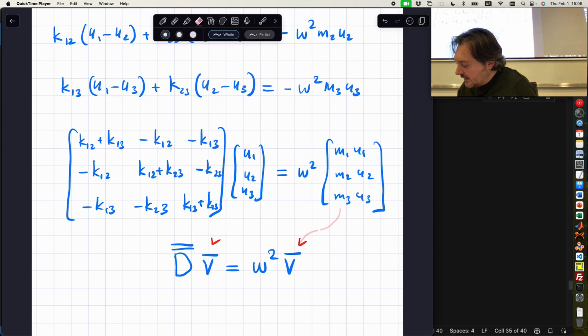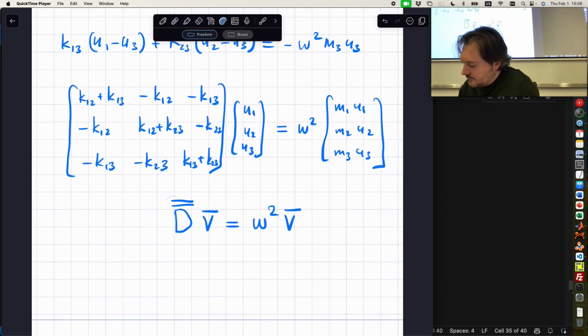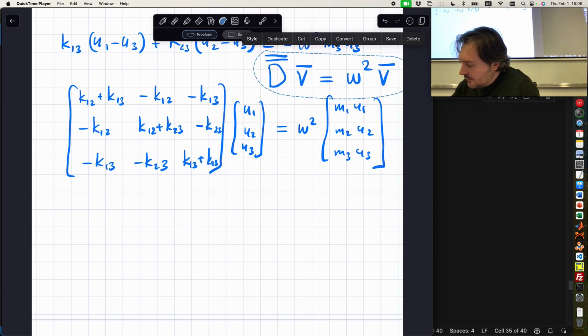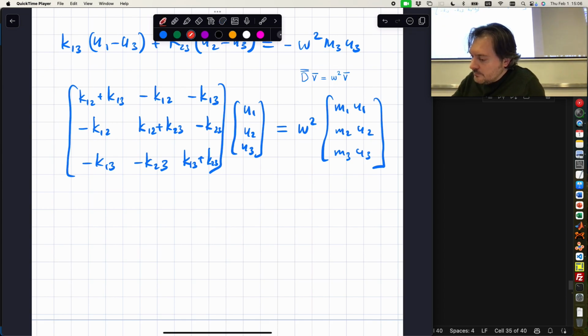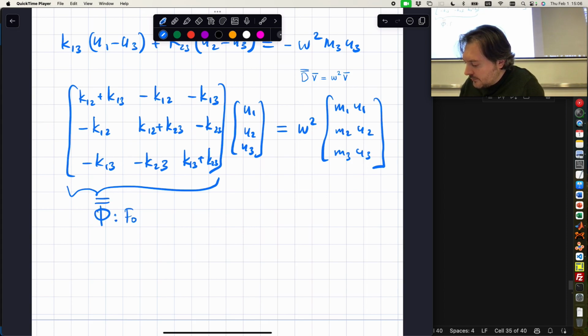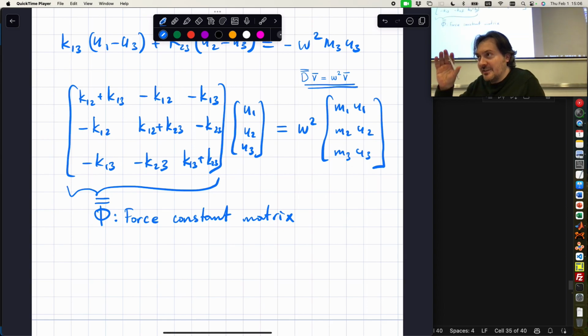Good. So that symmetric matrix actually has a name. Let me put it somewhere here so that it will remind us where we are trying to go. This matrix is called the force constant matrix. Okay, so what do we have? And let's try going to some places where the vectors will be the same.